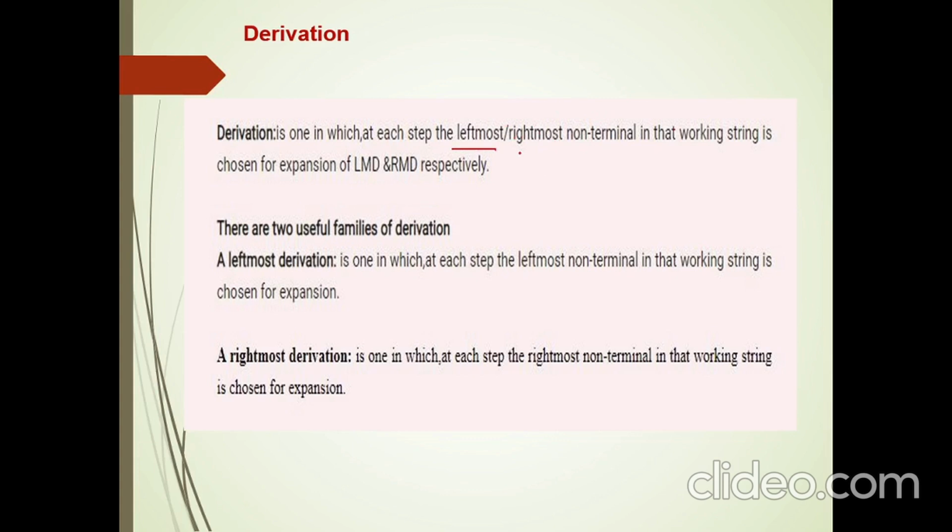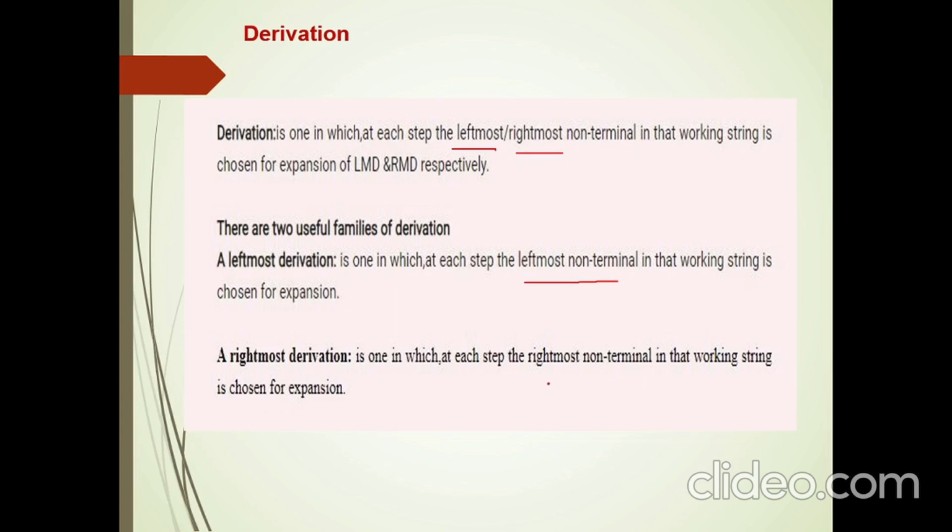Otherwise, if you choose the rightmost non-terminal at every step, it is called a rightmost derivation. That is, when you replace the leftmost non-terminal by its production, it is called a leftmost derivation, and when you replace the rightmost non-terminal, it is called a rightmost derivation.